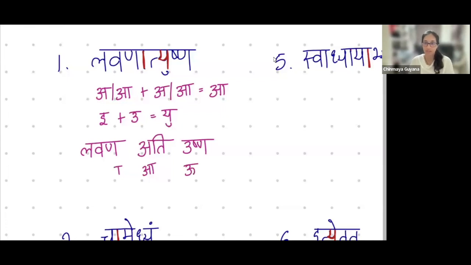You can just correct it, but there's no wrong mark for that. Actually, ati you should have gotten. I'm going to be nice and let that slide. Ati you should have gotten, but I hope everyone got that. Lavana, ati, ushna.